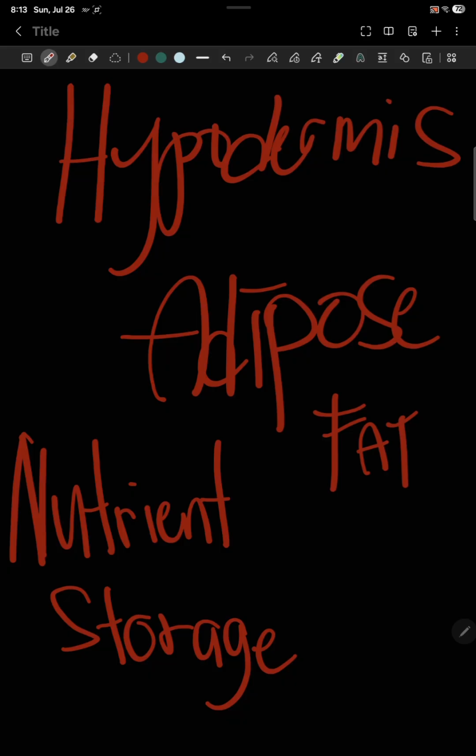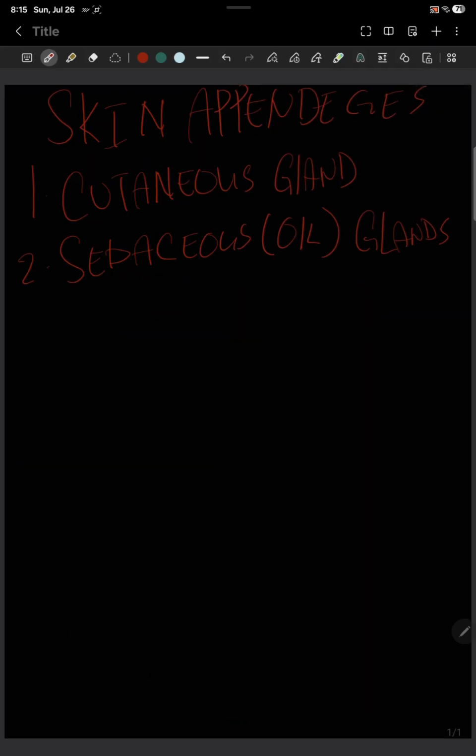Okay, so we have here our skin appendages. We have here the 2 skin appendages. So we have here number 1 is cutaneous gland. So cutaneous gland is all exocrine glands that release their secretion to the skin surface via ducts.